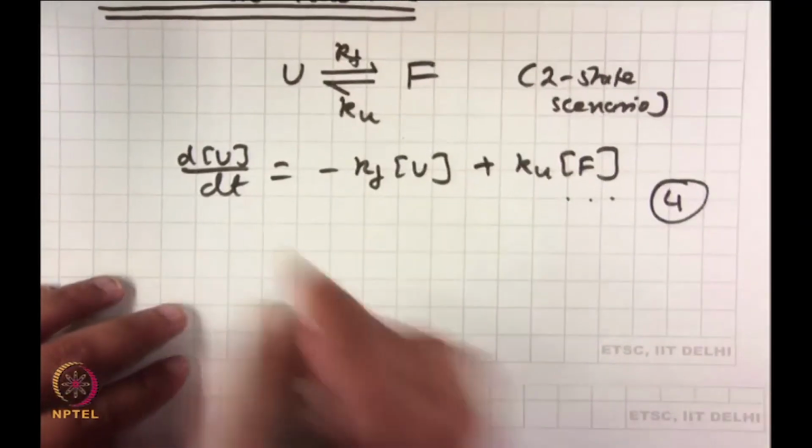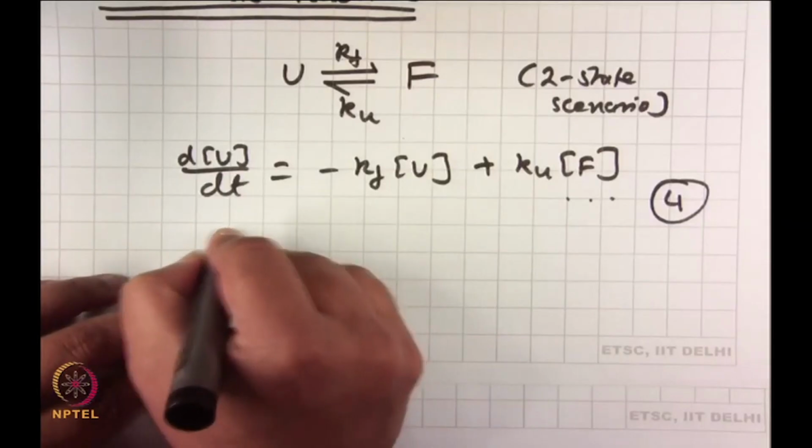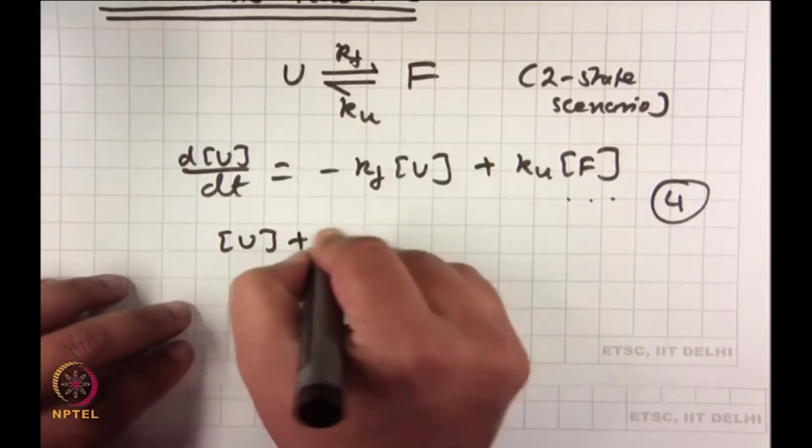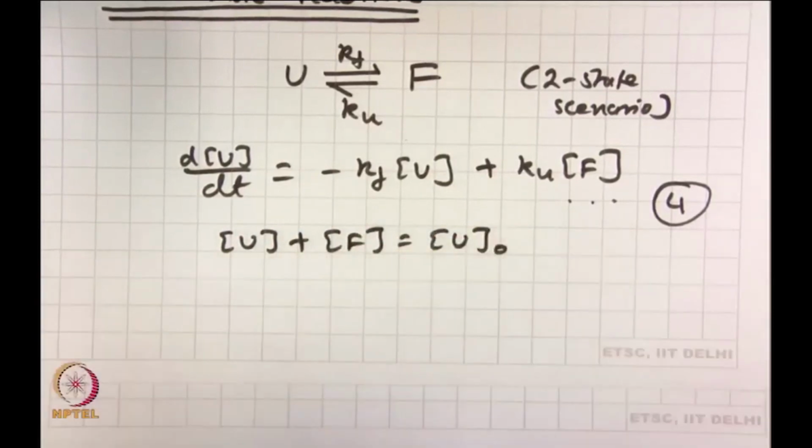Also what I have is, the concentration of U plus the concentration of F is equal to the concentration of U at the initial time t = 0, which is U naught. My assumption is that when I start, the concentration of F is equal to 0.